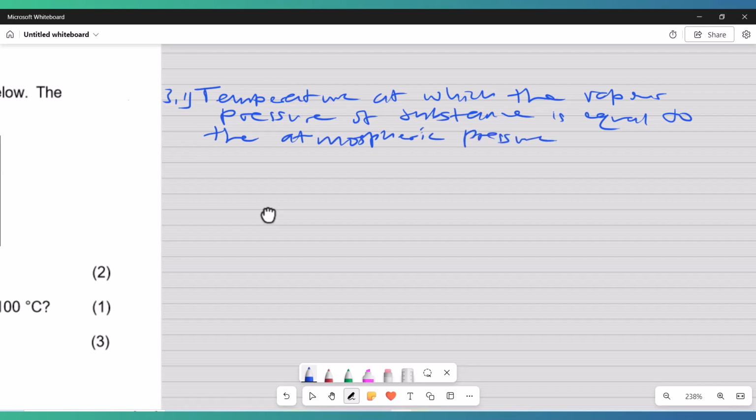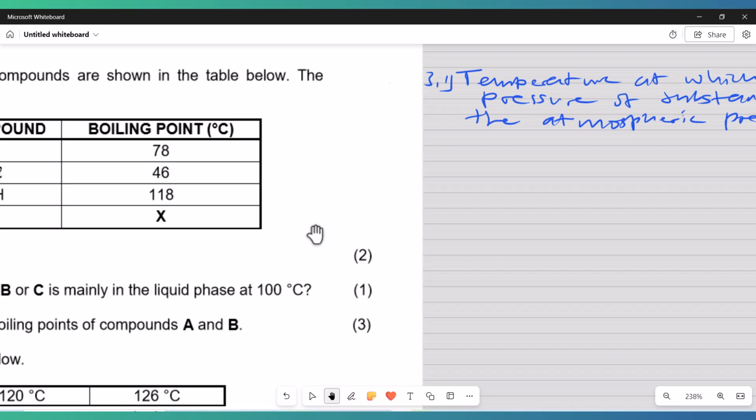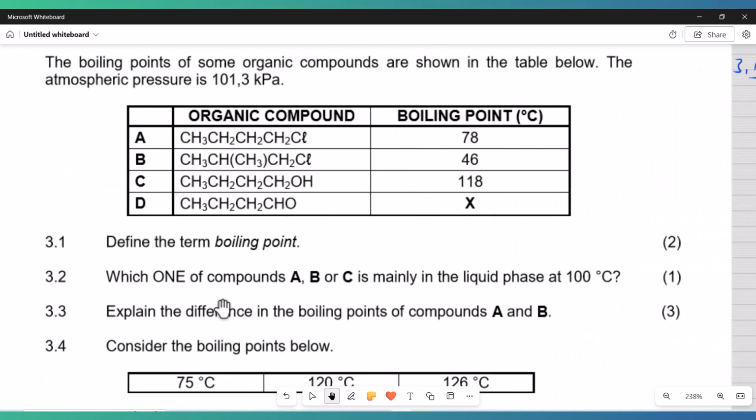After defining boiling point, what must we do next? Which one of the compounds A, B, or C is mainly in the liquid phase at 100 degrees Celsius? The first one, A, boils at 78, which means at 80 it's no longer a liquid but now a gas, because at 78 it started boiling, so it's gas and liquid.